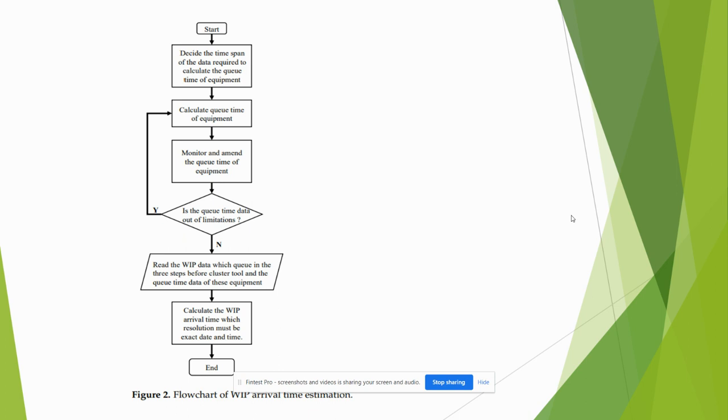Yes means it returns to calculate the queue time of the equipment. No means it can go to the next step: read the work in process data which is queued in these steps before the cluster tools. Next is to calculate the arrival time, for which the data and time must be extracted. Next, it ends.